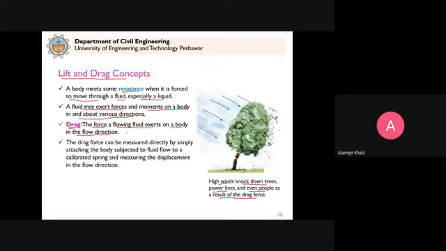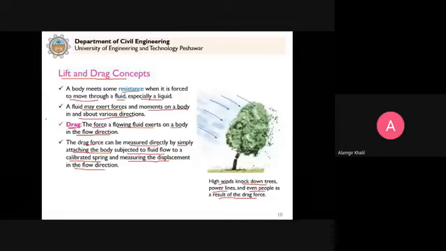The drag force can be measured directly by simply attaching the body subjected to a fluid flow to a calibrated spring and measuring the displacement in the flow direction. So this is an experimental way.